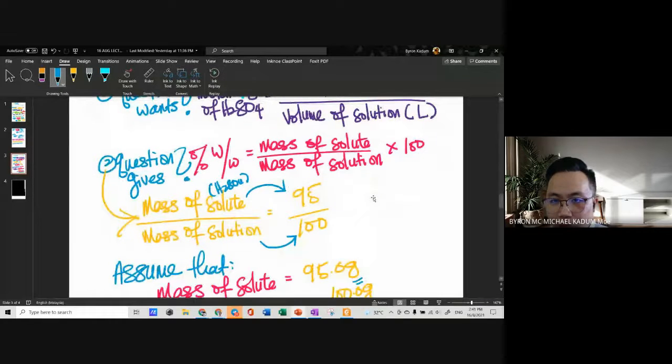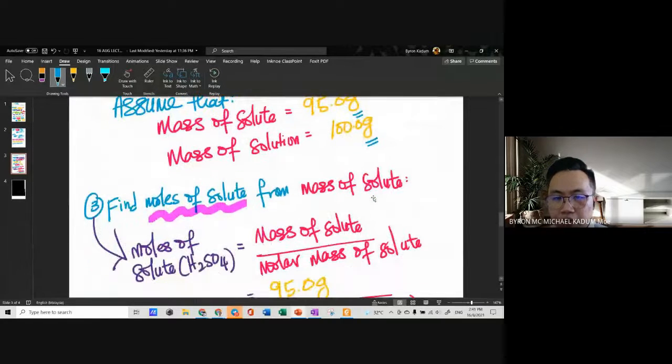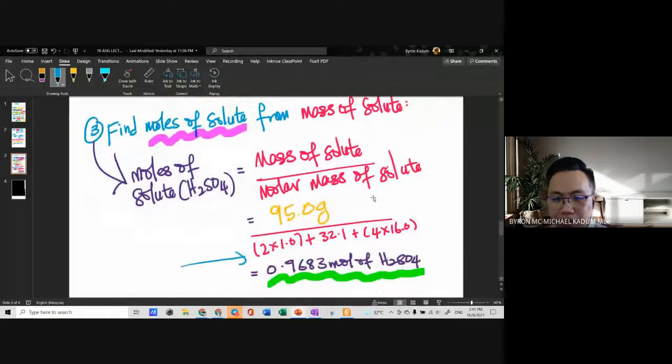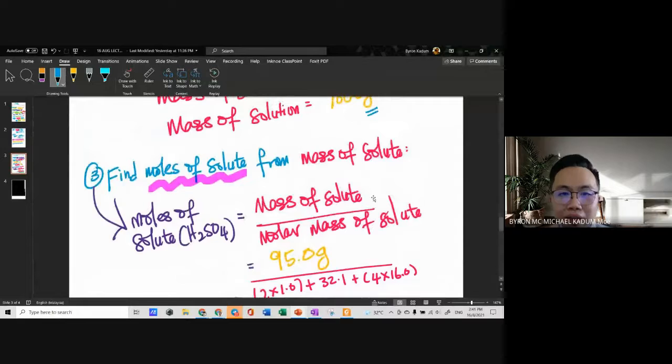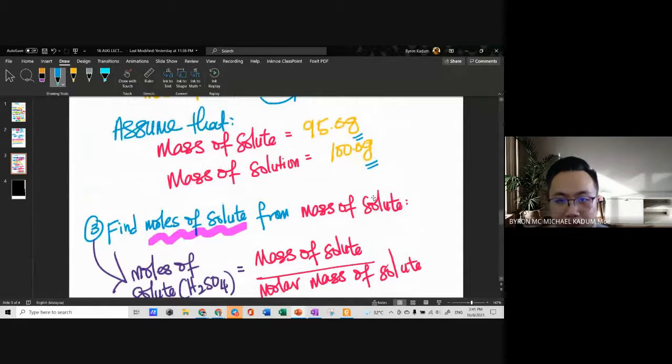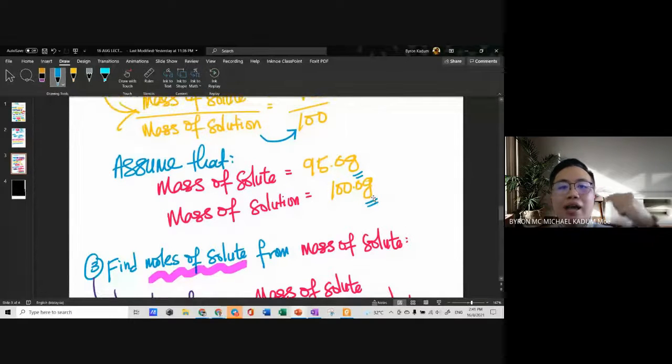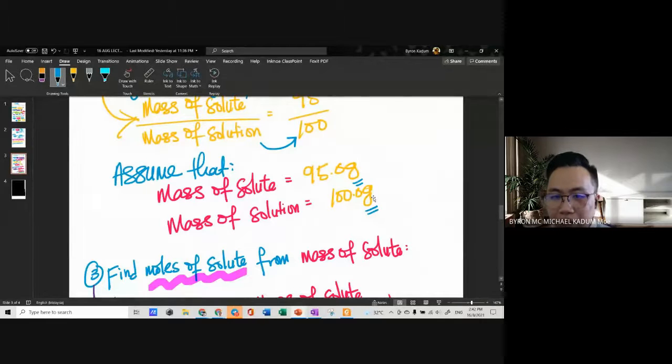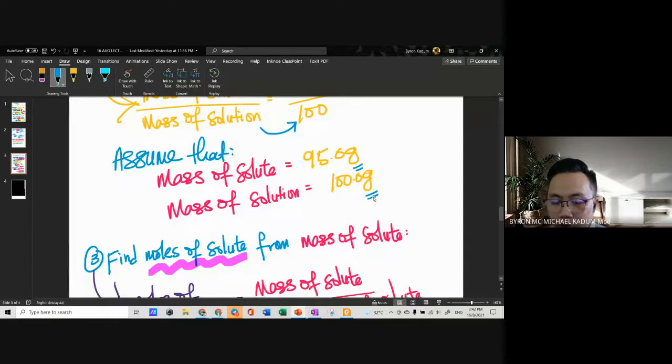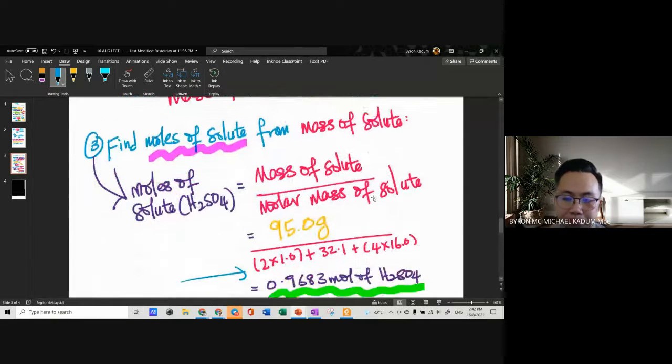We have found the mole of solute from the mass of solute. And where did we get the mass of solute from? From the logical assumptions. Where do the logical assumptions come from? From what the question gives. Okay? Those are the skills you need to solve this kind of question.